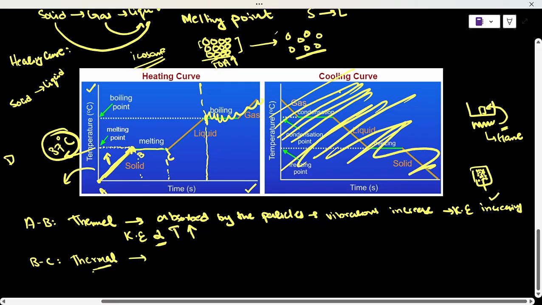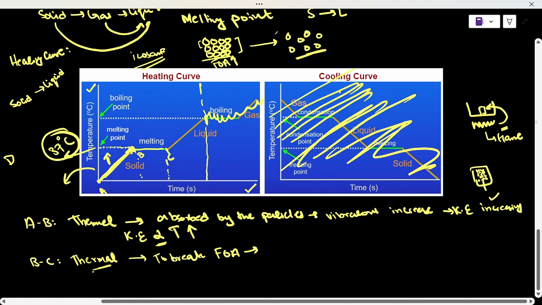So particles are now using this thermal energy to break free and convert themselves into a liquid state. Got the idea? So now thermal energy is being used to break the forces of attraction, FOA.